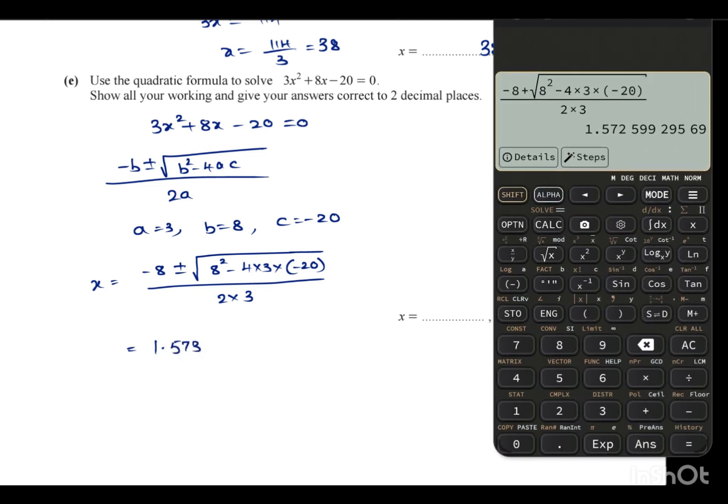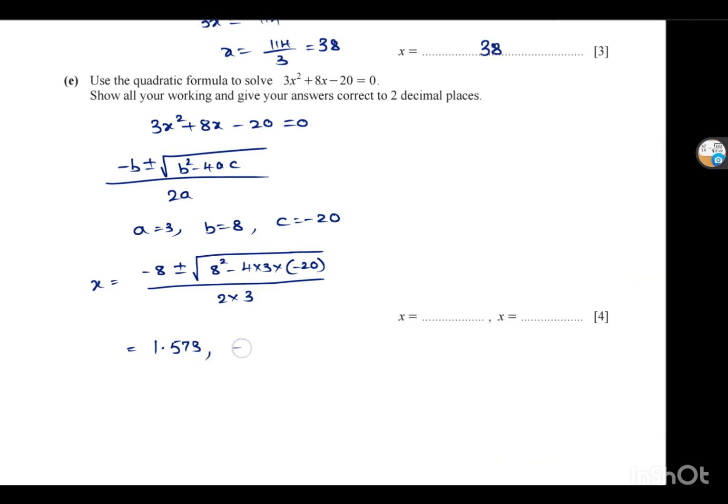Now let us change the sign here. Make it minus. You get minus 4.239. Now if I round these two numbers to 2 decimal places, I get 1.57 and minus 4.24. This is the answer.